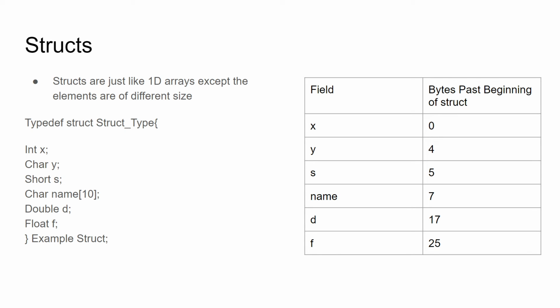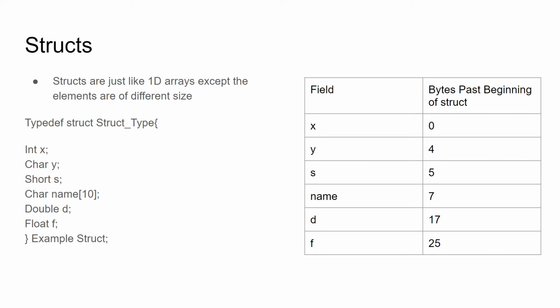And when you declare your struct, what you're going to end up with is just a pointer to the beginning of the struct. So it's like an array where the elements are of mixed sizes, but that's fine because we know exactly how many elements are going to appear in this array and exactly what spots that particular type will appear at.